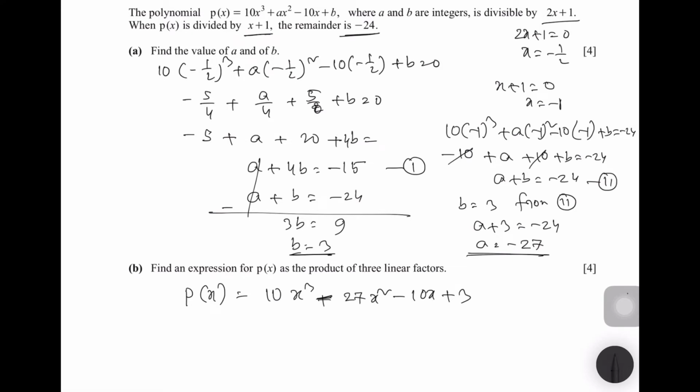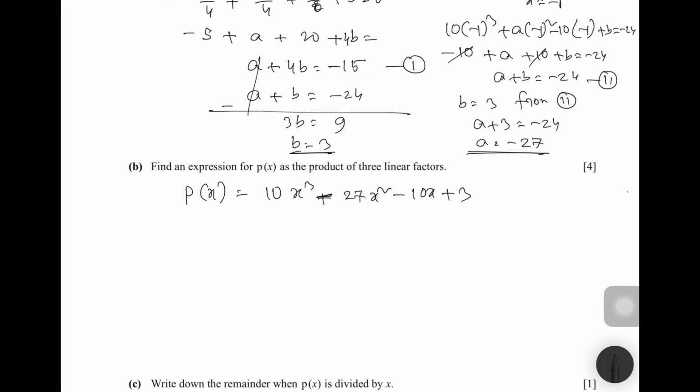This is divisible by 2x plus 1. So let me divide it by 2x plus 1. Let's see what is happening. 2x plus 1 into 10x cube minus 27x square minus 10x plus 3. So let me write here 5x square.